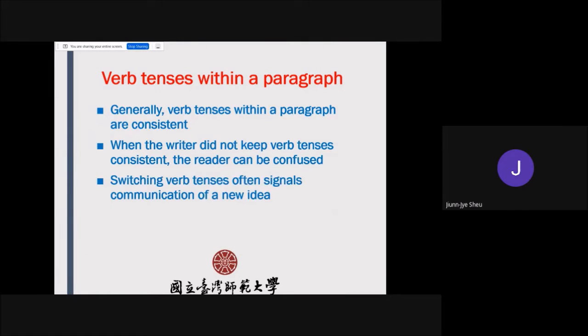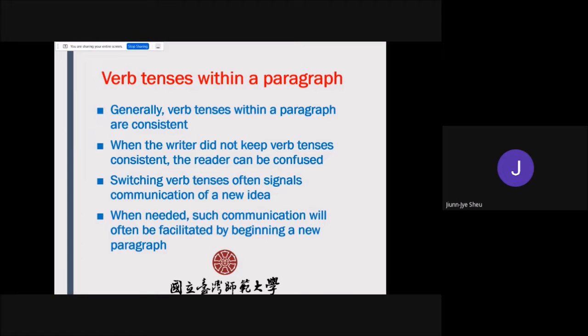And try to write your verb tense consistently across your manuscript. Like I said, typically past tense, but depending on the journal's preference, you want to check on that.